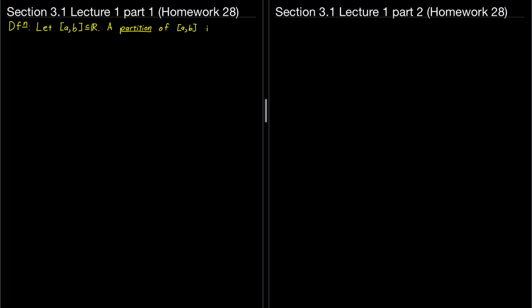So we call this a finite set P that's a subset of [a, b] such that a is the smallest element in P and b is the largest element in P. And because P is finite, it has necessarily a smallest and largest element.